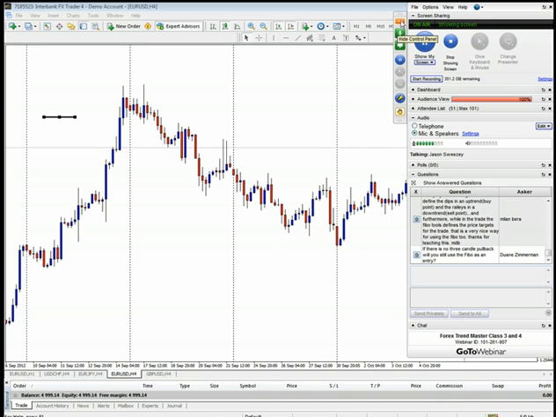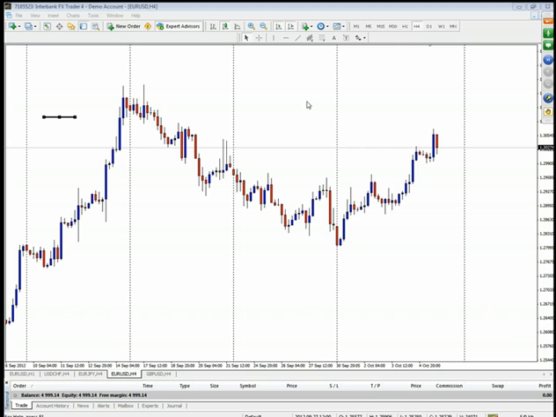I'm going to remove this little screen here. Okay, here we go. So basically, like I was saying earlier, I myself like to use basic money management.